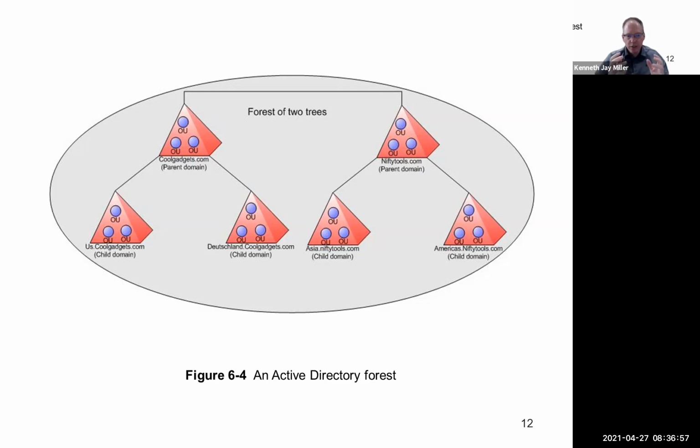Okay. So the structure here is, you can see this can get worldwide, global in no time at all. And this would allow this information. So if let's say the CEO of the forest wants to send a message, he could send a message to a group that would contain everybody in the forest, and everybody would get that email message.